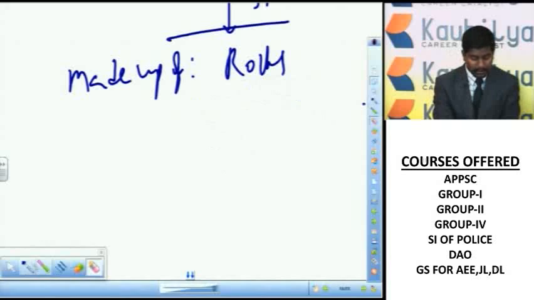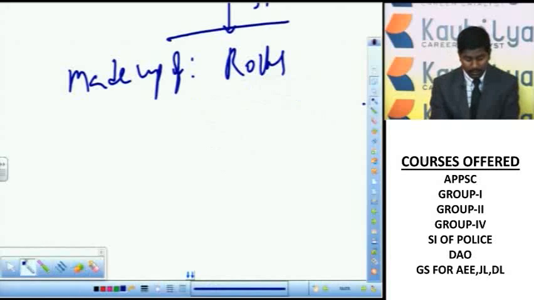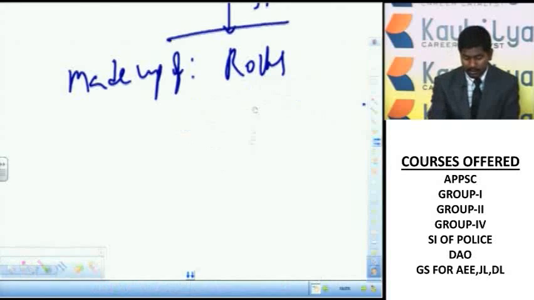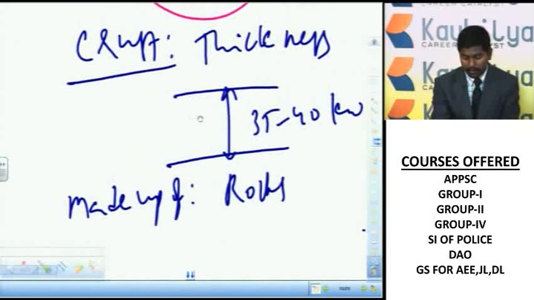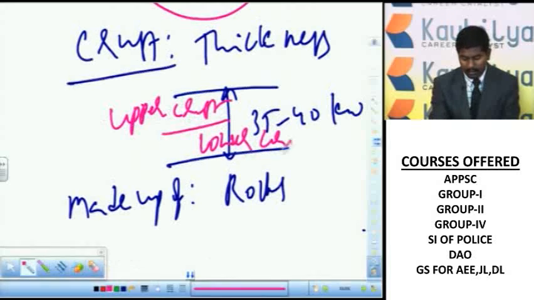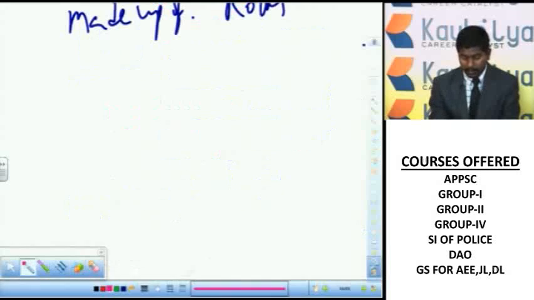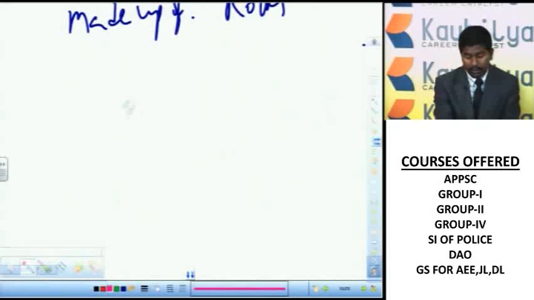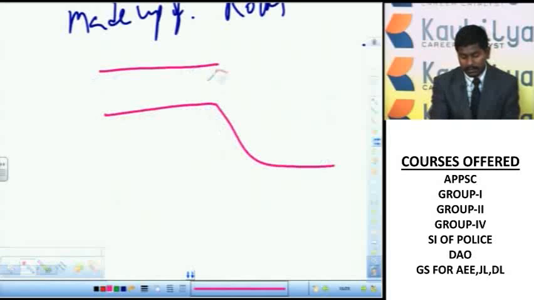Next, this crust can be divided into two parts, like upper crust and lower crust, or it can be divided into continental crust and oceanic crust.